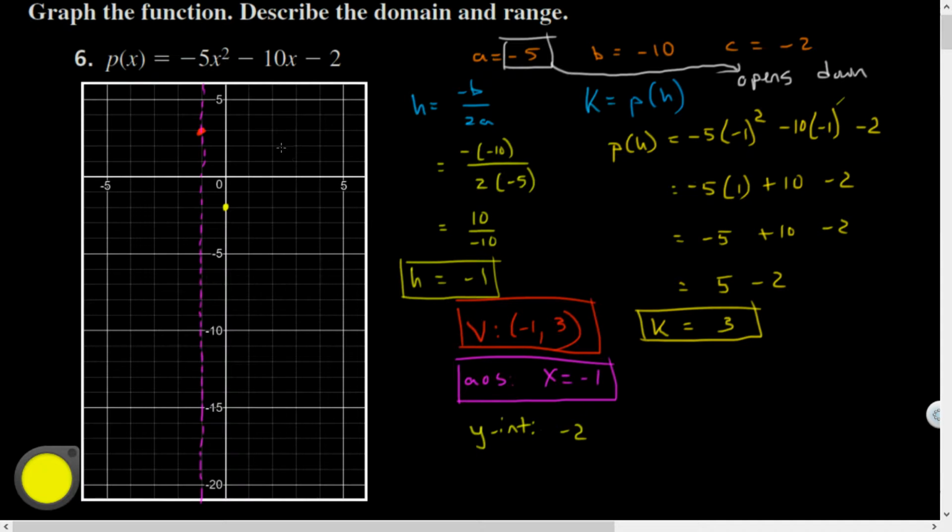Does anyone know a good alternative point I could find? Tyler, once I find this y-intercept, what's a way I could get a freebie other point? Or describe to me what you would do. You don't have to necessarily know the point itself.